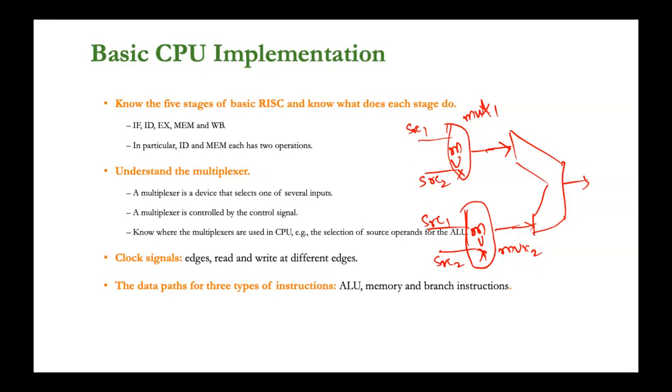So for multiplexer 1, the upper input is coming from the next sequence PC, and the second source for multiplexer 1 is the output of your register file.